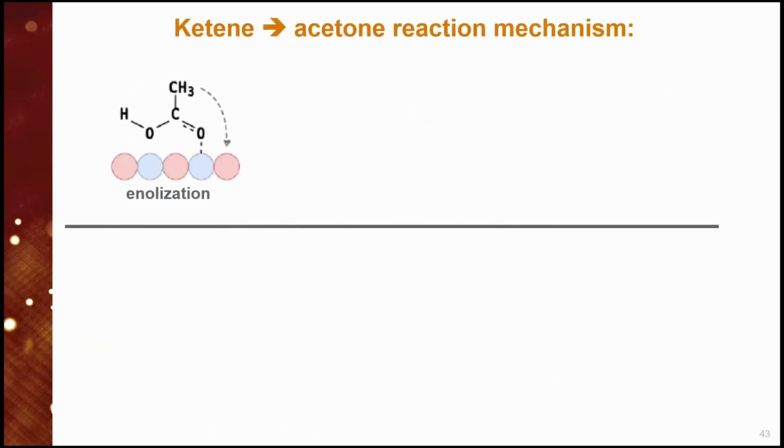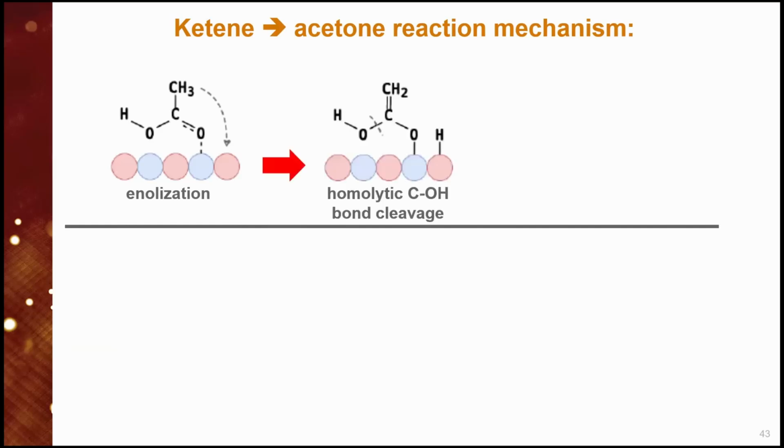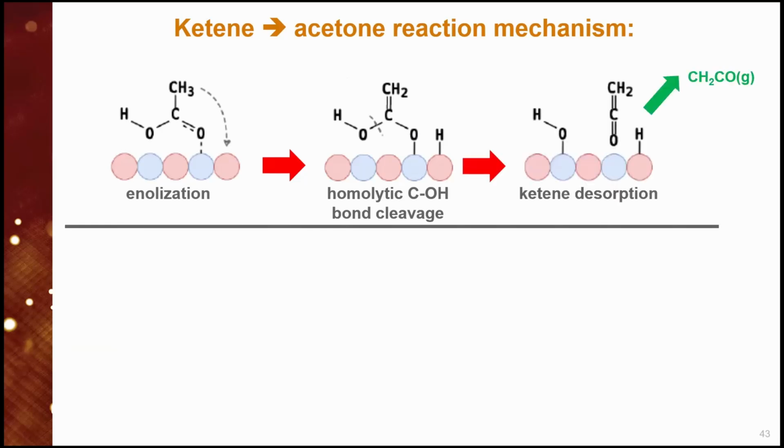Okay, so the ketene to acetone reaction mechanism: there's this enolization step where the methyl group drops a hydrogen onto the surface. You cleave the OH bond there too, and you get ketene coming off into the gas phase. The calculations suggest that there's a stronger chemisorbed state that's available.